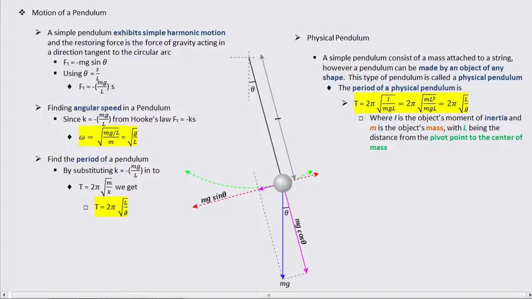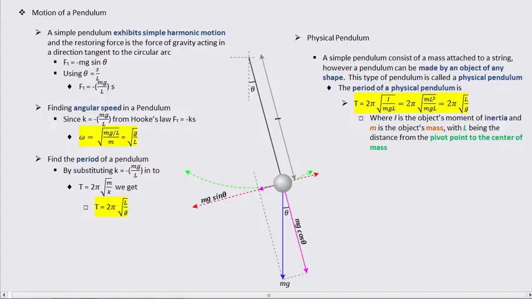So we looked at a simple pendulum. Now we have a physical pendulum. A simple pendulum consists of a mass attached to a string. However, a pendulum can be made by any object of any shape that is attached to a pivot point that has a certain length. A pendulum that has an irregular shape is called a physical pendulum, and the period of a physical pendulum is derived differently but ends up resulting in the exact same equation as our simple pendulum, where 2 pi multiplied by the square root of our length divided by gravity is the same.